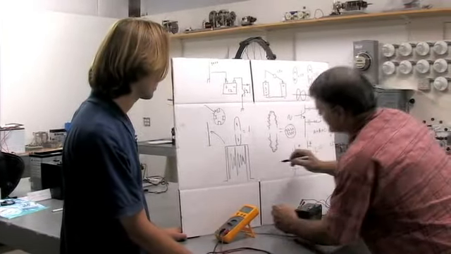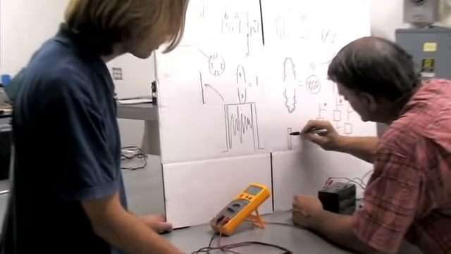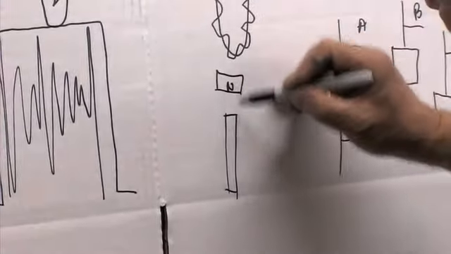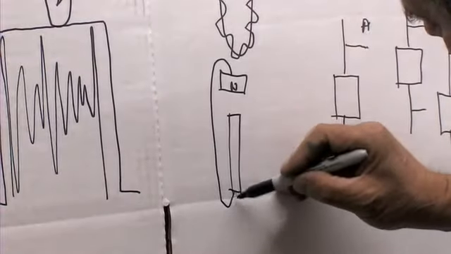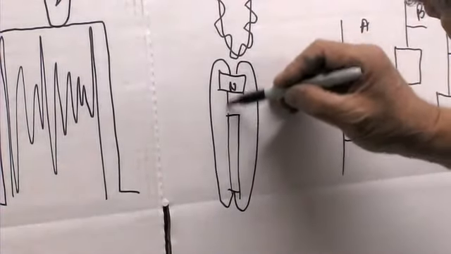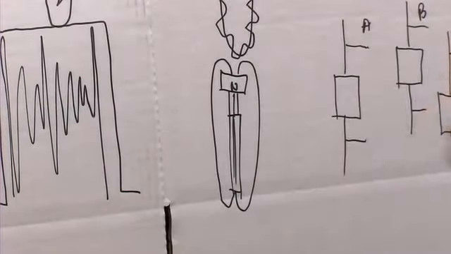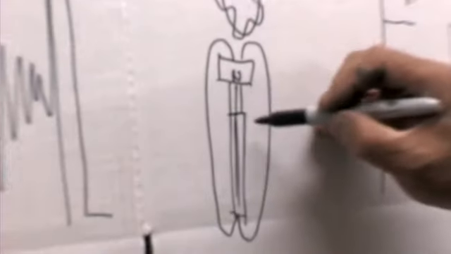So what happens is the magnet comes by, and this field actually couples like this. And this becomes energized. This is the core of the coil.